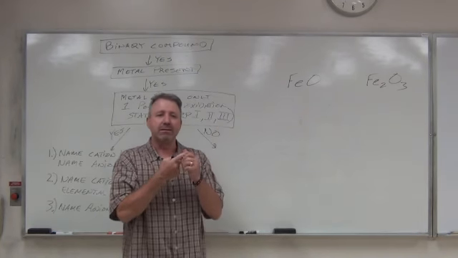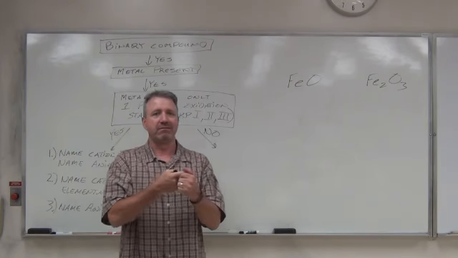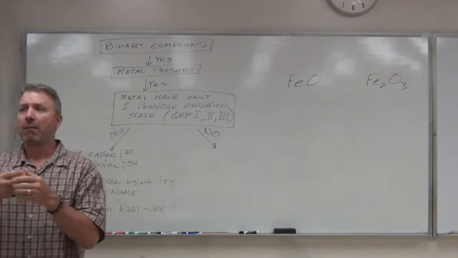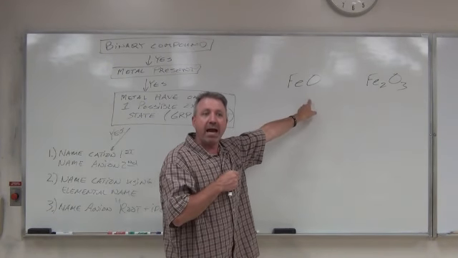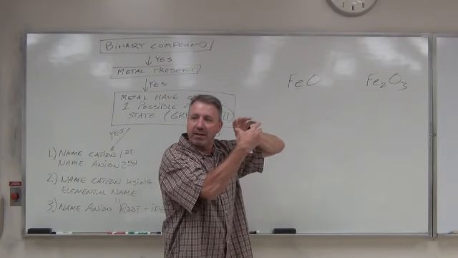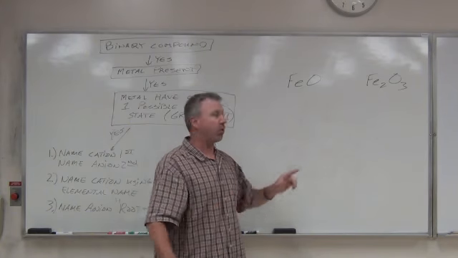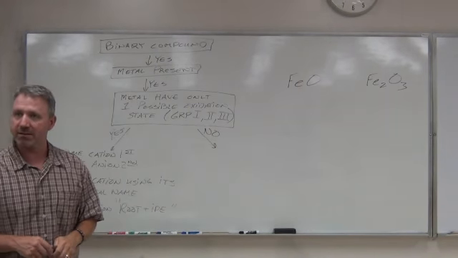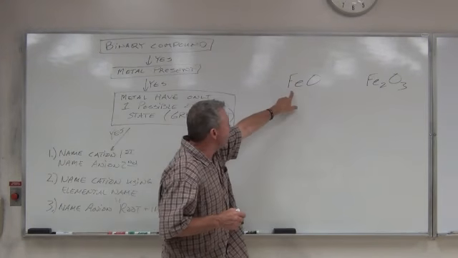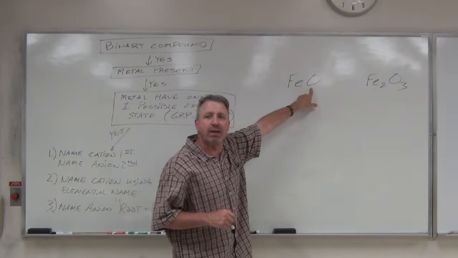The iron is misbehaving. We don't know what its charge is. But we do know what oxygen is. And we know that when they combine together, they're neutral. So we use this fact to determine what the charge on the iron is. I don't know what iron is, but I know what this is. What is it?